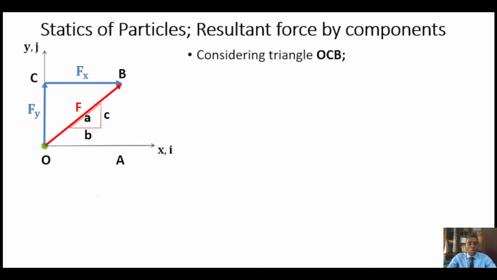First of all, I'm going to consider triangle OCB. Now we have what we call similar triangles.